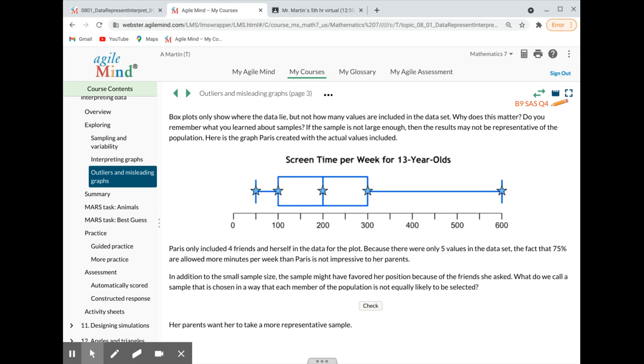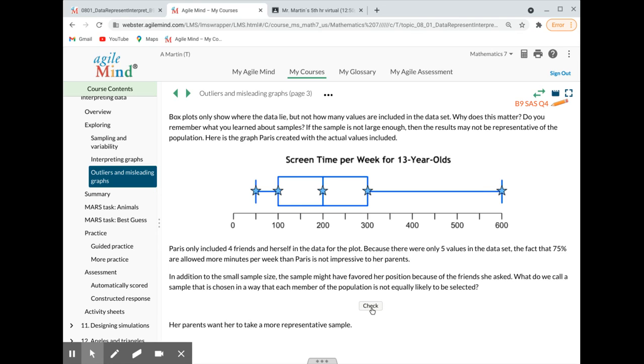So looking at this, we're going to see how just having 5 people in that sample size matters. Whenever we have a graph that is created just for the purpose of showing what we think, what type of graph is that? Go ahead, Angel.